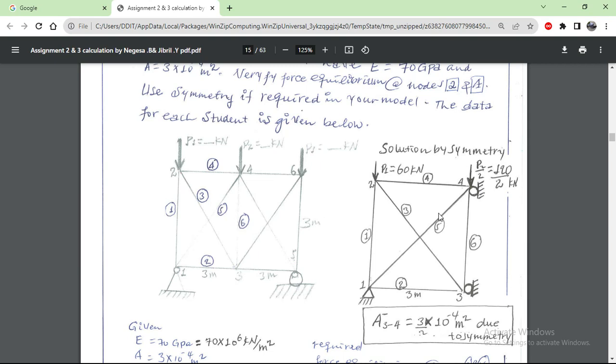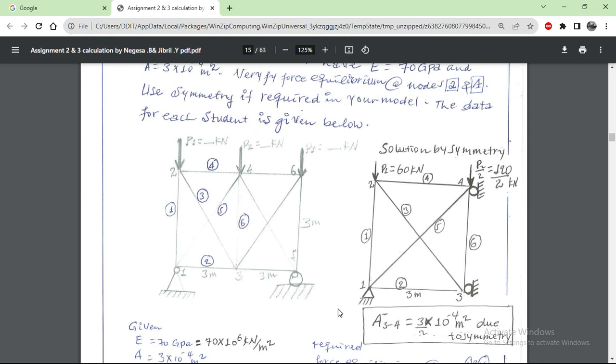After the symmetric model, the structure is divided like this. At this point we take a roller, which moves downward and upward, but in the x direction it is fixed after applying the symmetric method.